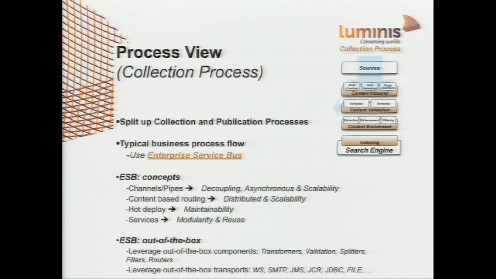All the information coming out of the collection process is going to be indexed into Lucene Solr, but it can also be on a very different machine. And then on another machine, the publication process is going to use the indexes, and that's where we split up the collection process and the publication process.